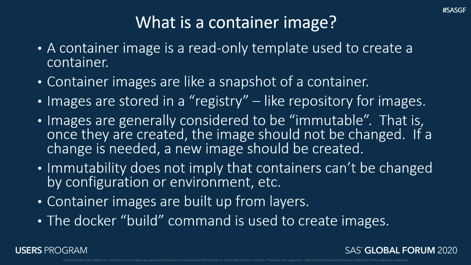Note that immutability does not imply that containers can't be changed by configuration or environment. The container based on the image does have this read-write layer where things can be modified and changed. Container images are built up from layers, and if you're using Docker, for example, the docker build command is used to create images.